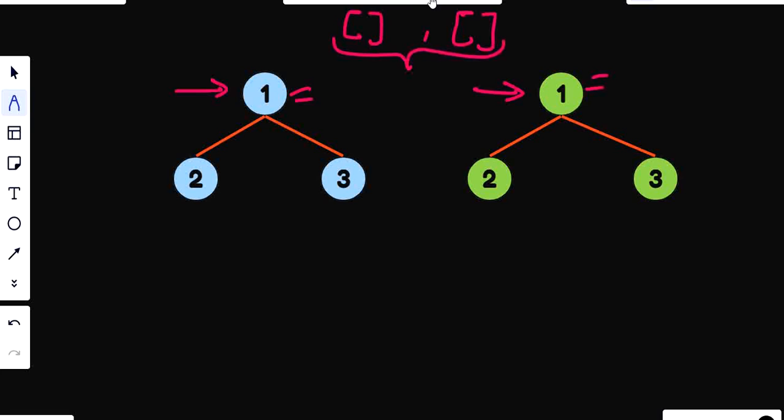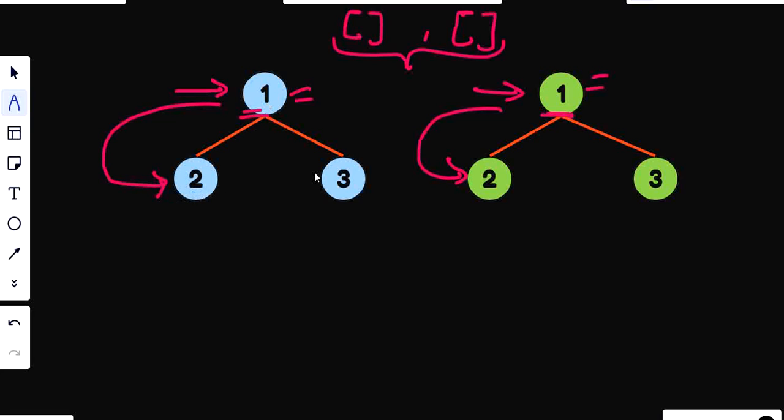But if not, then check the value that the root nodes are having is equivalent or not. So firstly I will check that these two root nodes are having identical value. If yes, then move ahead and check the left node. So I will go and check the left node.